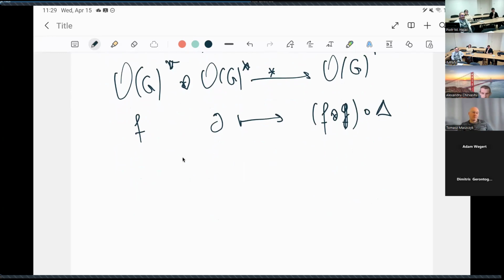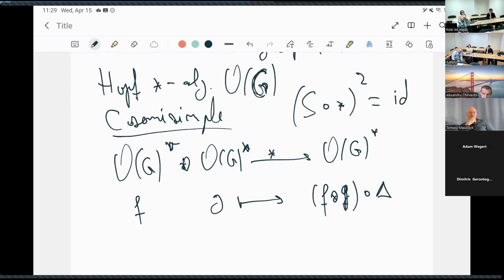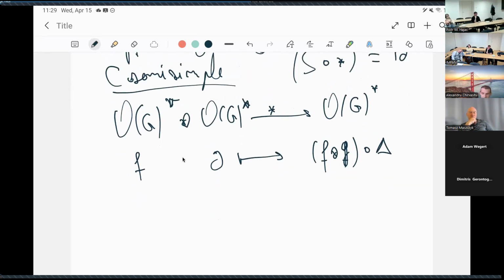Under this convolution product, there is a single left and right, because of co-semisimplicity. There's a unique unital left and right invariant functional, which we're calling the Haar state.